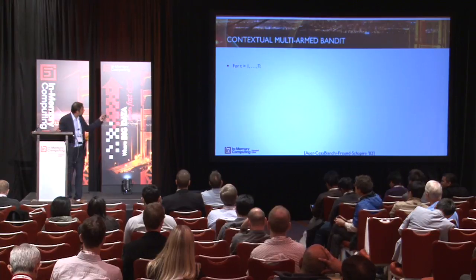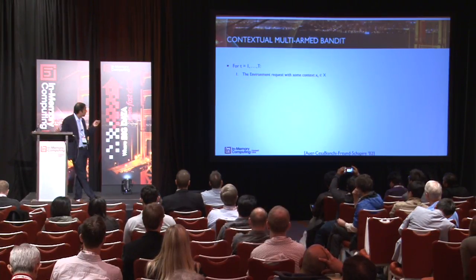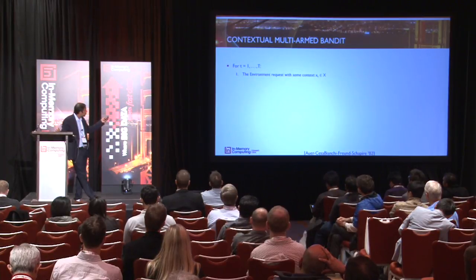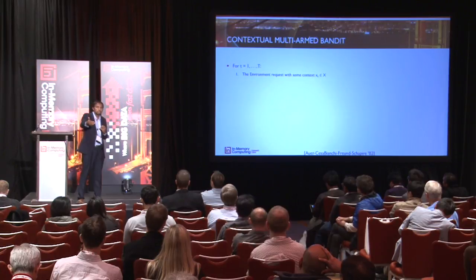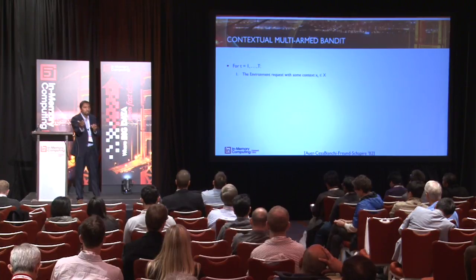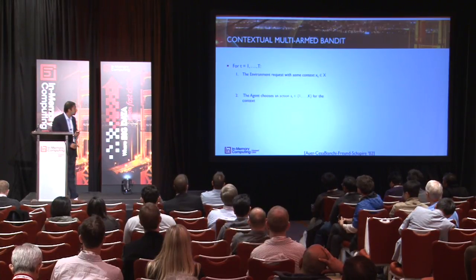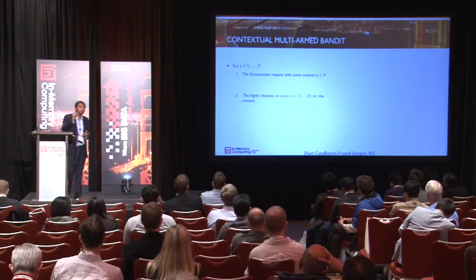So let's look at the contextual multi-armed bandit setting. At every time t, the environment is providing you with some kind of context. When a user logs into your system or comes to your system, he is coming with some kind of information, like the location and those kinds of things. So there is some context to each of these requests, and the agent chooses an action for that particular context.